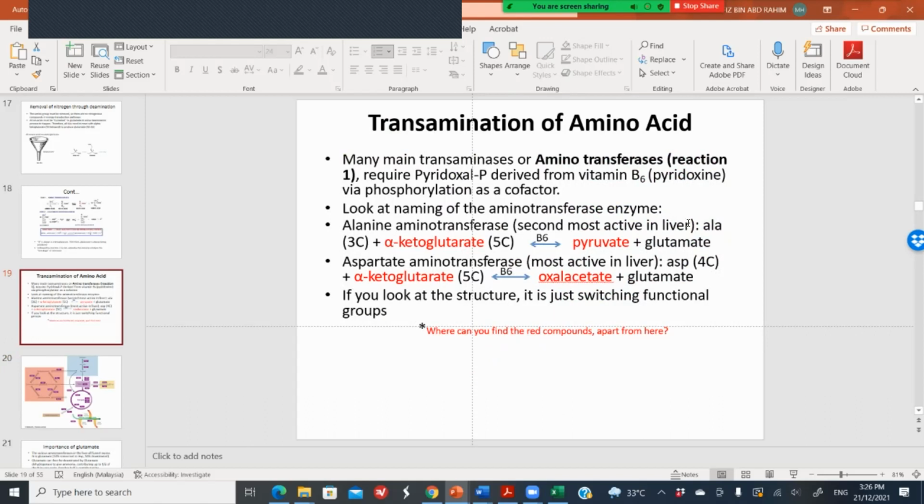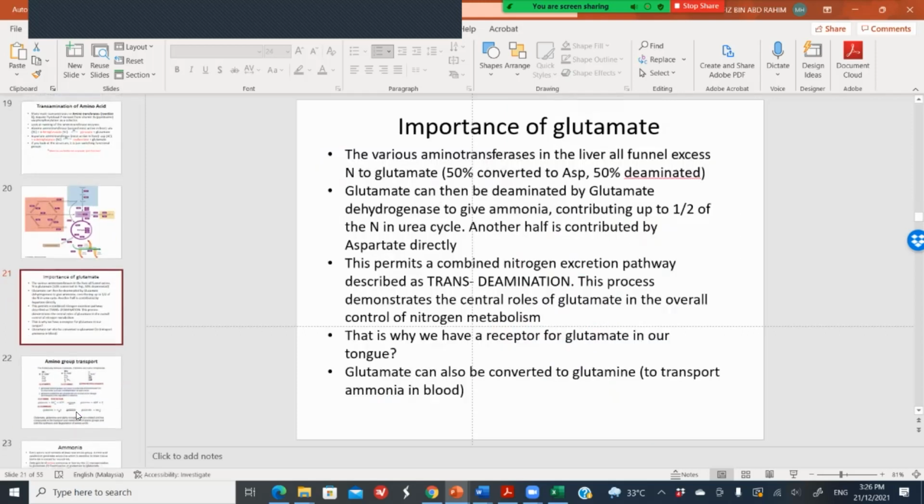For example, if alanine react with alpha ketoglutarate, we will call this enzyme as alanine transaminase. Okay. For example, if here is aspartate, we call as aspartate aminotransferase or transaminase. Okay, that's nothing lah. You don't have to remember the name of the enzyme.